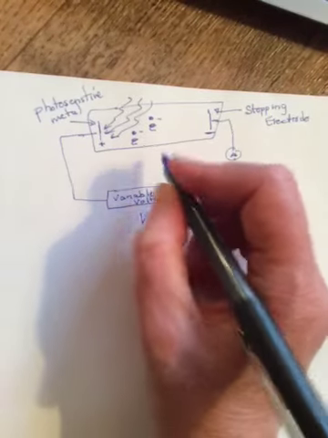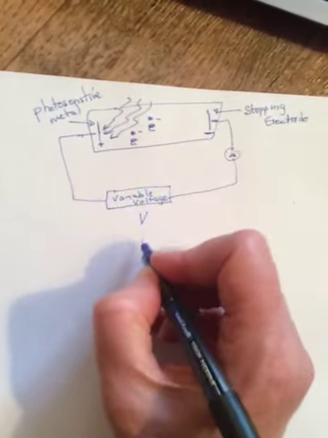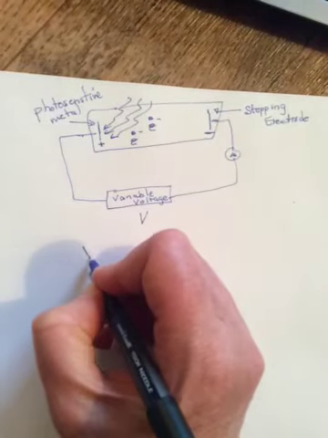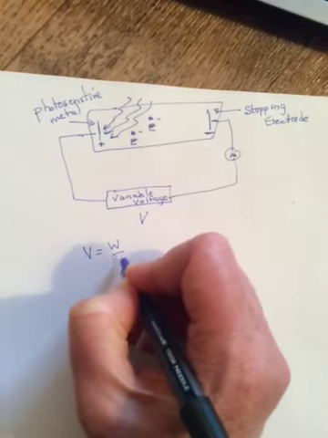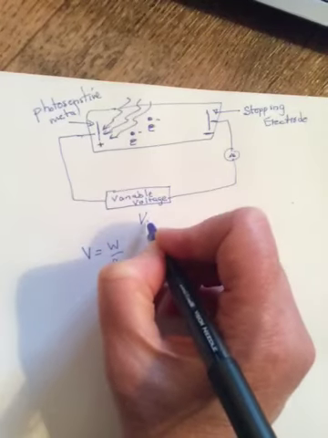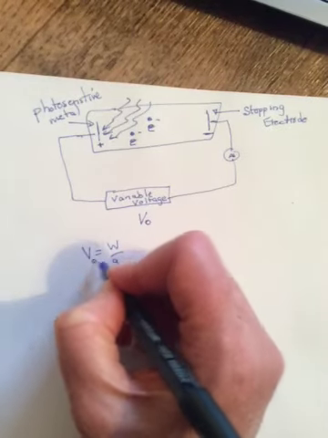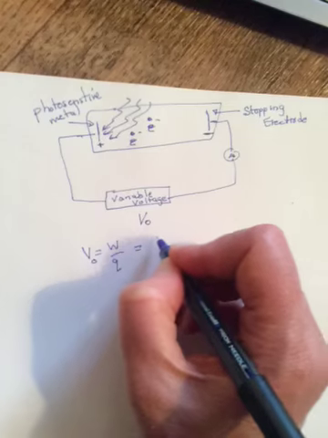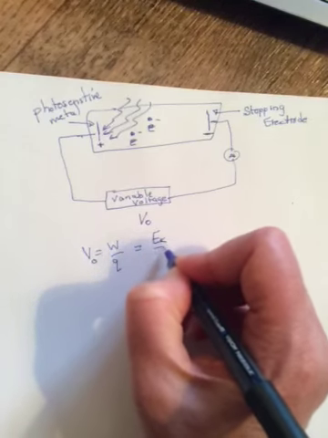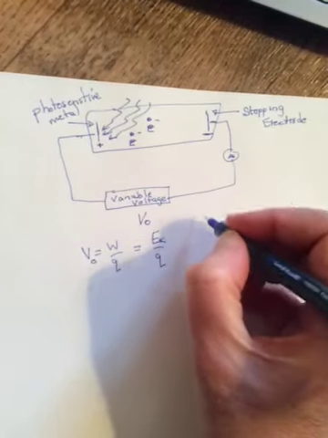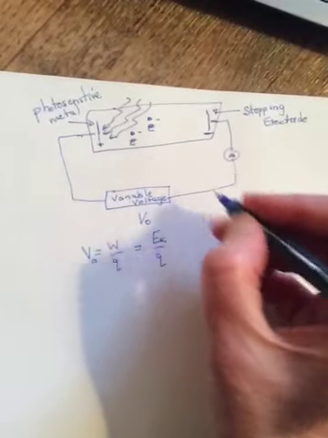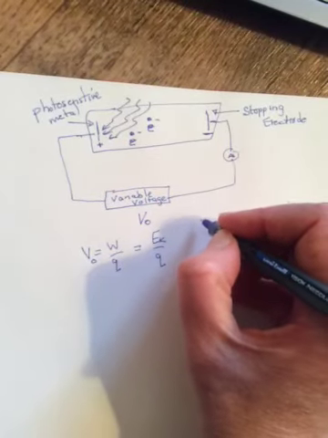We kept making it bigger and bigger, because remember the equation, V equals W over Q. So this becomes V0, the stopping potential, and the W is really the kinetic energy of the photosensitive electrons that are being released.